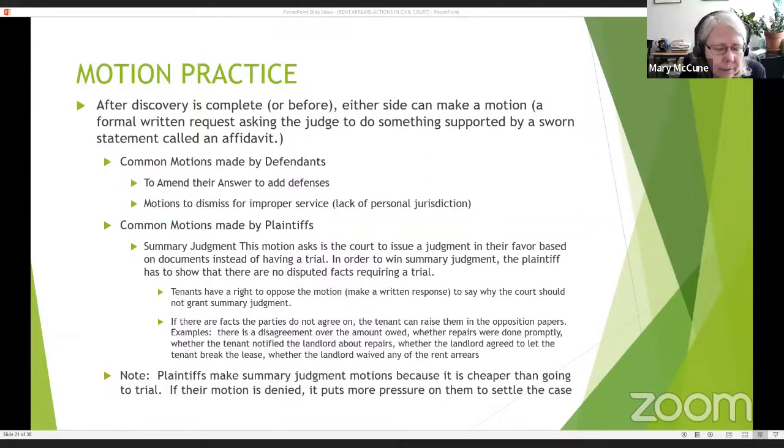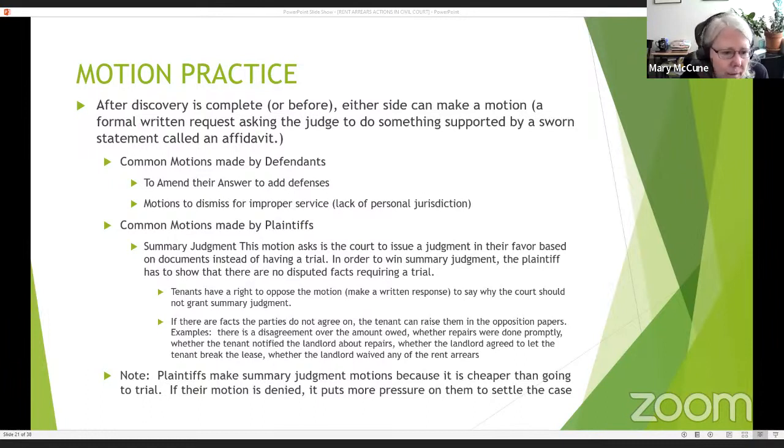Because that is something that most people are able to do without a lawyer, that's what I'm focusing on here. There are other reasons why a summary judgment motion can be denied, including that the plaintiff's evidence isn't good enough or strong enough or doesn't meet certain requirements. But for the purpose of this training, I'm just going to focus on the facts.